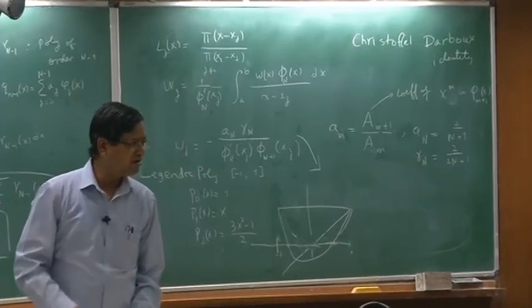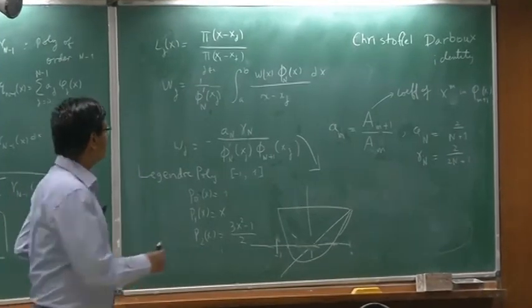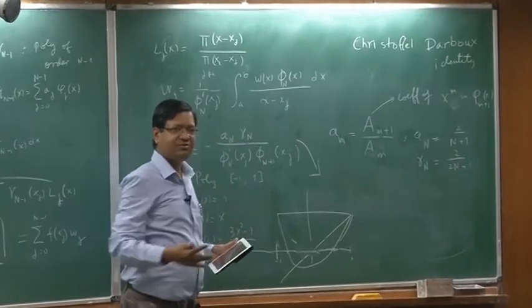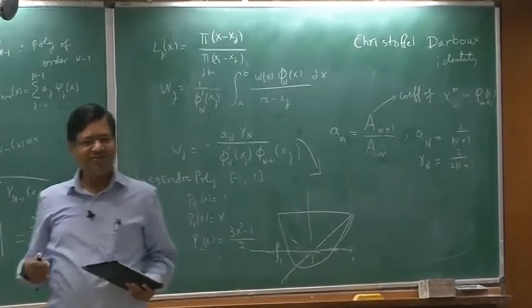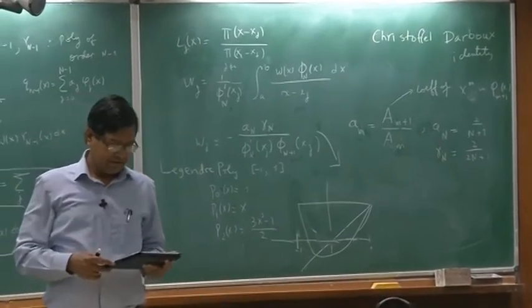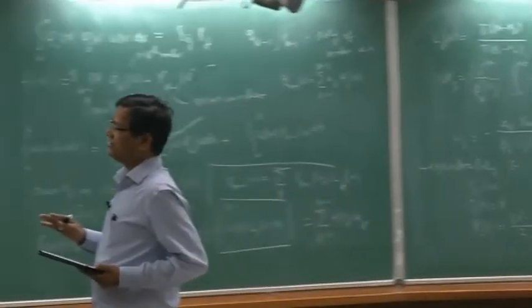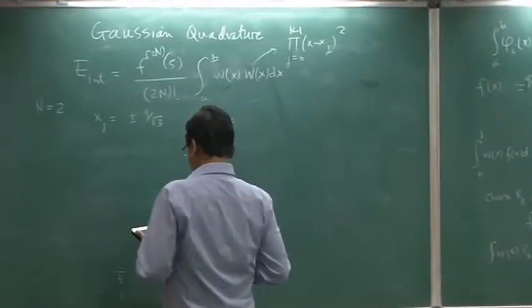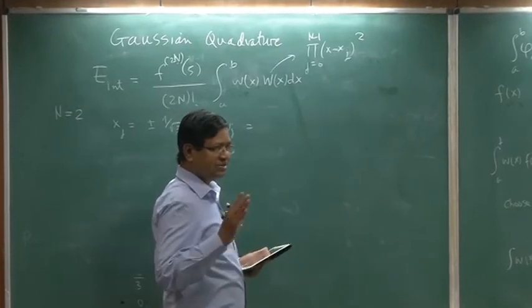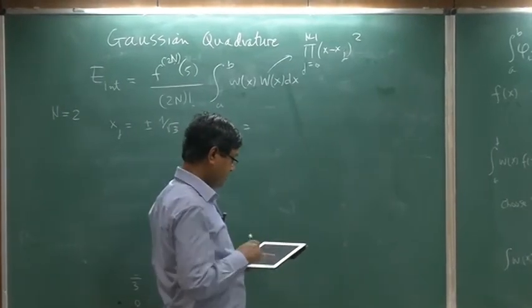That is for Legendre only. Huh? So this is general. This is true for any polynomial. In fact, we need to use other polynomials when the limits are minus infinity to plus infinity. That's where Hermite is useful. But for finite limits, Legendre is useful. For particle in a box and all that, it is Legendre.